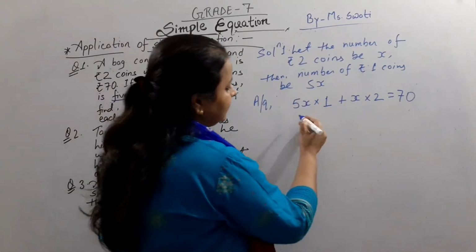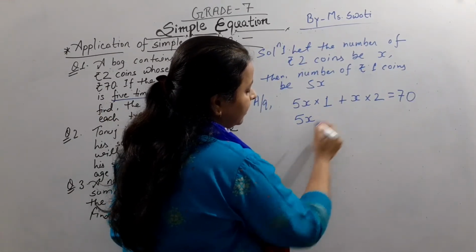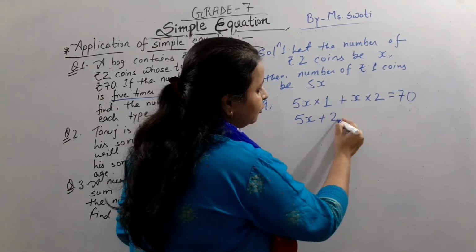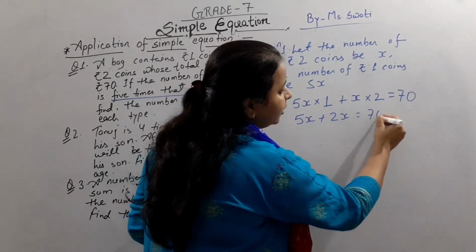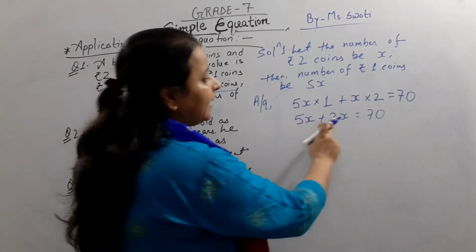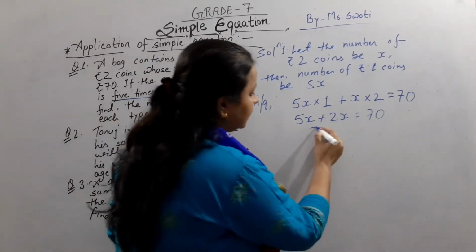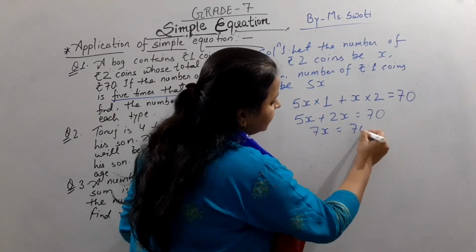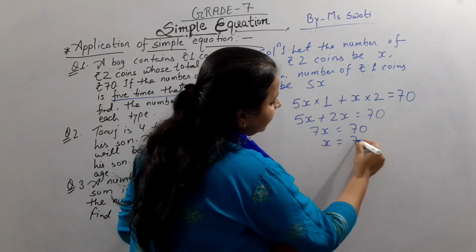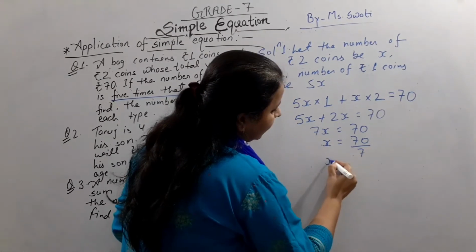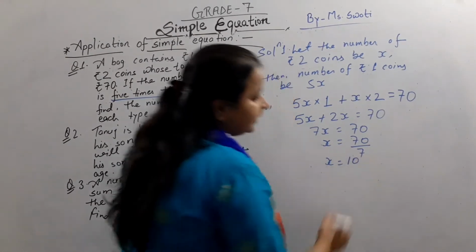Now 5x into 1 we get 5x, plus x into 2 we get 2x, is equal to 70. 5x plus 2x we get here 7x is equal to 70. So x is equal to 70 by 7. We get the value of x as 10.